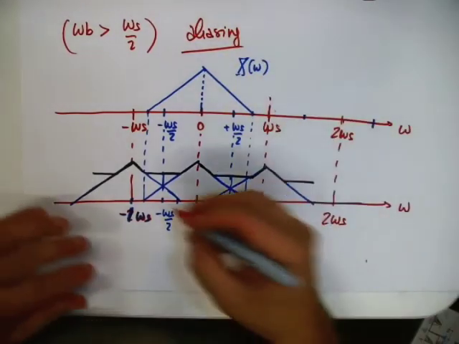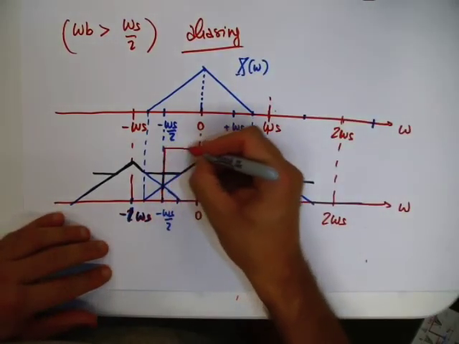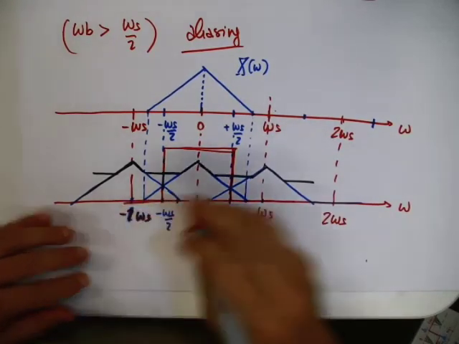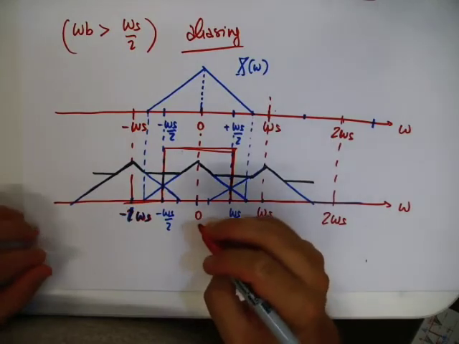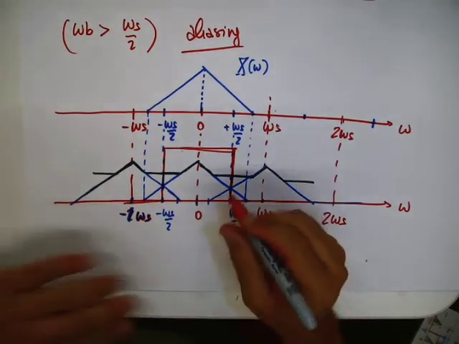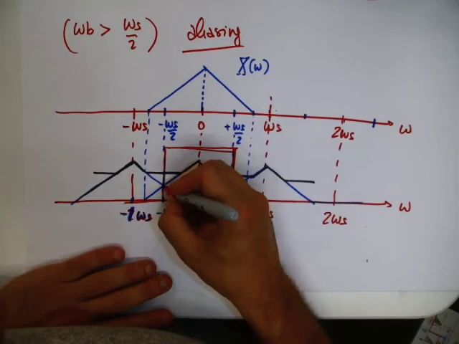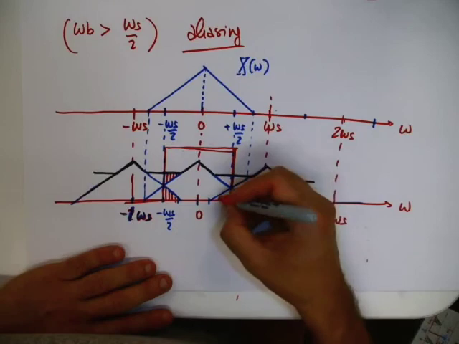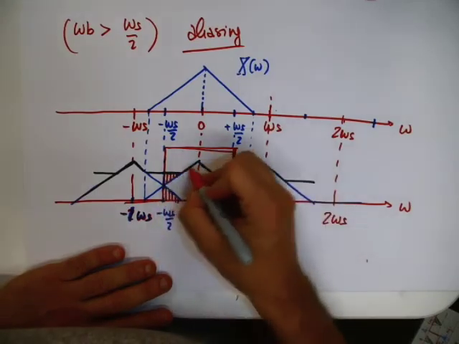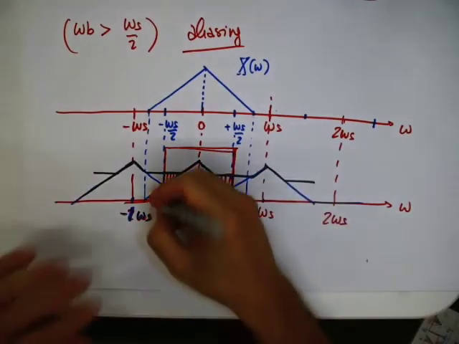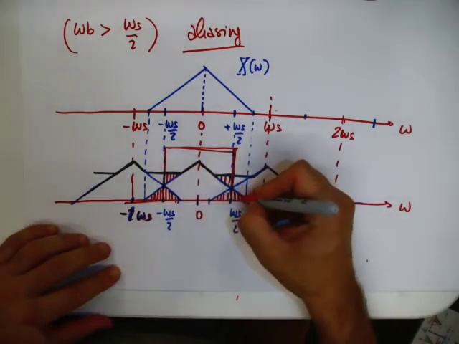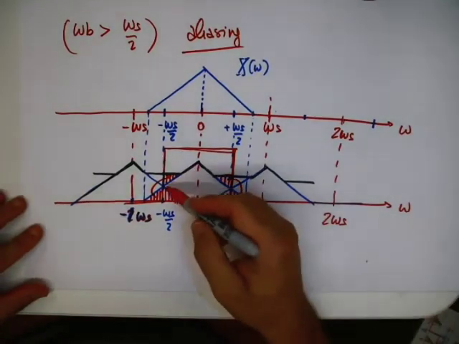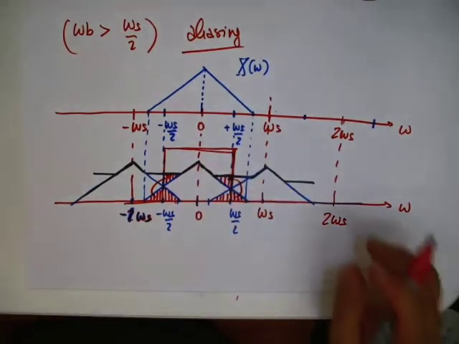And of course, now if you apply the filter that we defined before, you see that this quantity here is aliased onto this quantity here, and so our signal is corrupted.